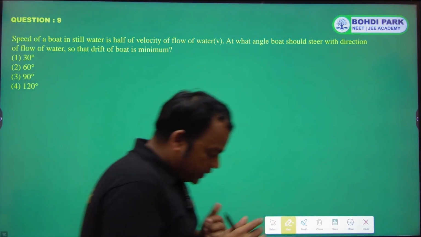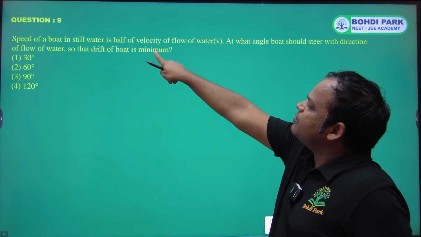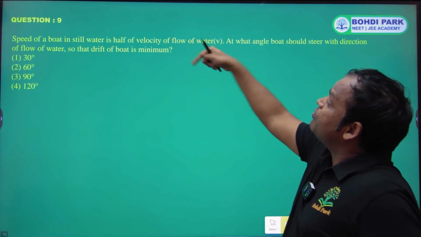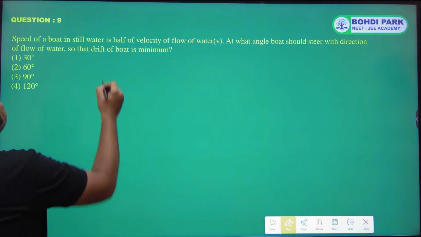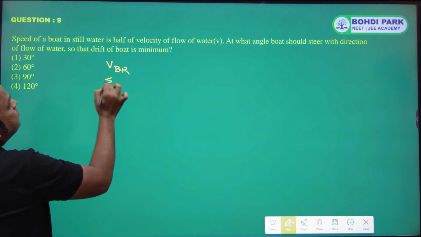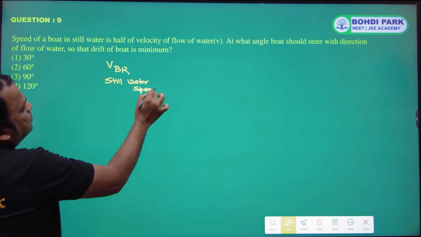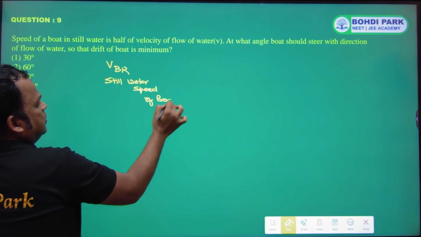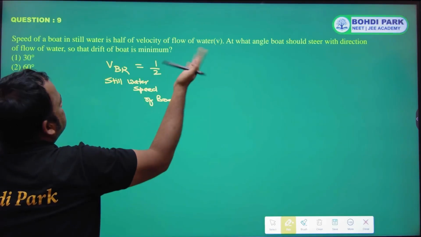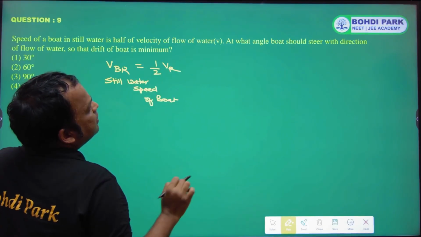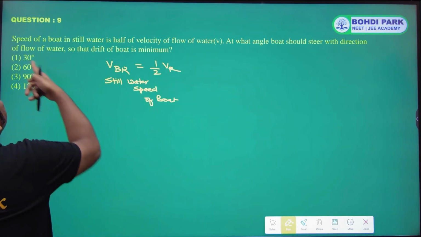Now look at ninth question. Speed of boat in still water is half of velocity of flow of water. So still water speed means VBR. Still water speed of boat is given 1 by 2 times velocity of water, river. So this is VR. At what angle boat should steer with direction of flow of water?